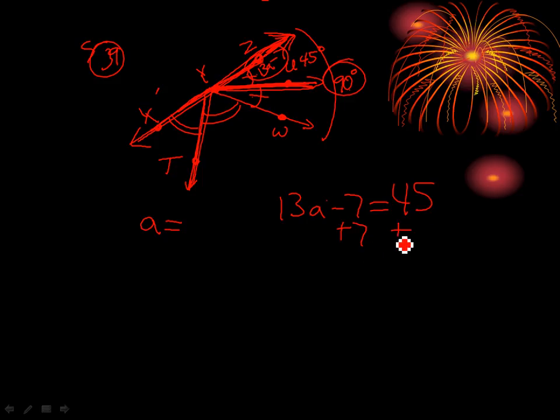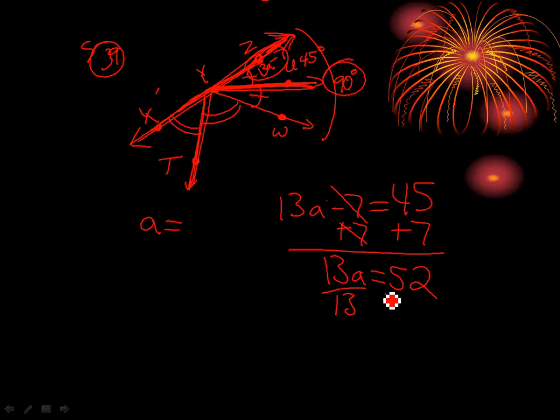Solve that: add 7 to both sides, end up with 13A equals 52, divide by 13, and you end up with A equals 4. And that's all they asked you to find this time, was A.